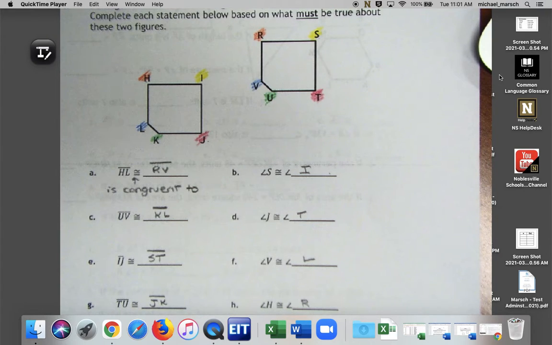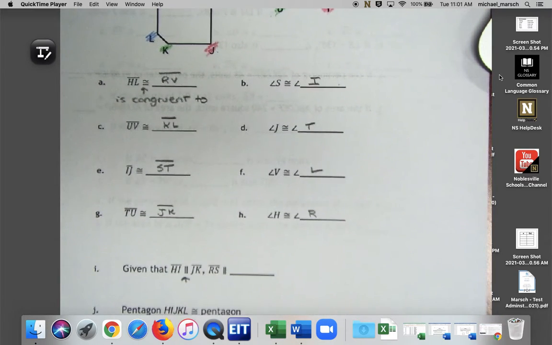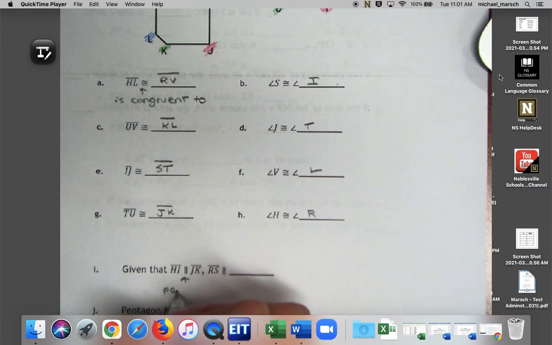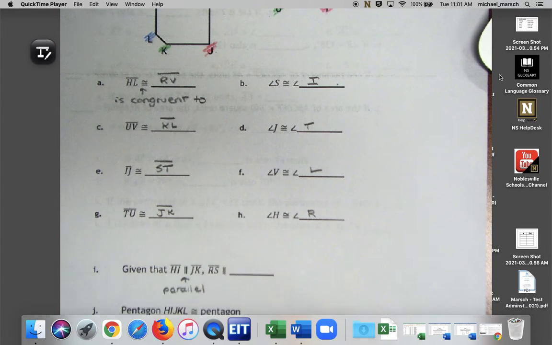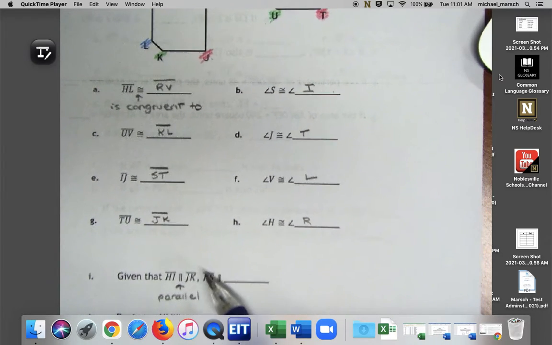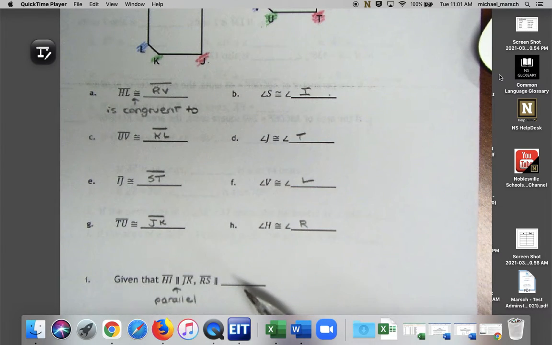Now, do you guys know what this little symbol means? The two lines next to each other? What do they look like? The normal parallel lines. Good. So they're saying that HI, that's the orange ones, is parallel to JK. Perfect.